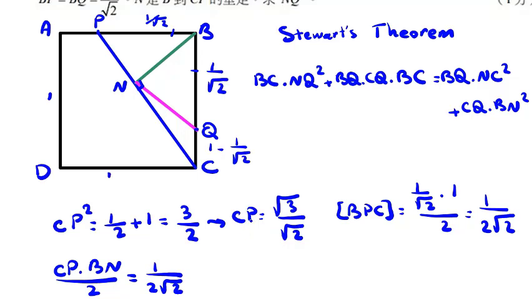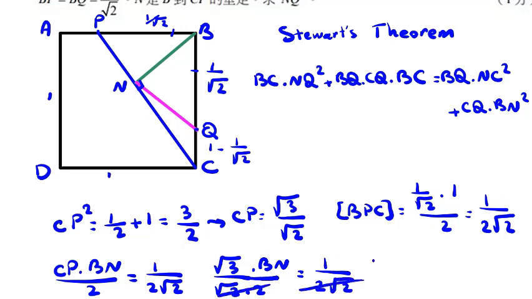We replace CP with root 3 over root 2, times BN over 2 equals 1 over 2 root 2. We cancel, so we conclude BN equals 1 over root 3. So we found the BN that we need. Now it's time to find CN.